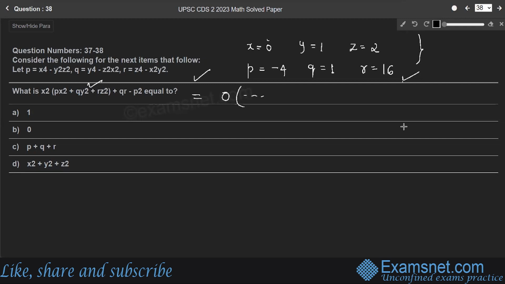So no need to substitute the values. 0 into any number becomes 0 plus Q into R, Q is 1 into R is 16, right, minus P square. Since P is minus 4, its square becomes a positive value, right? So 16 minus, 4 square is 16, therefore it is 0, right? Option B is the answer.